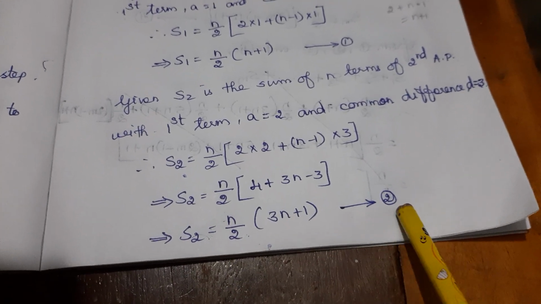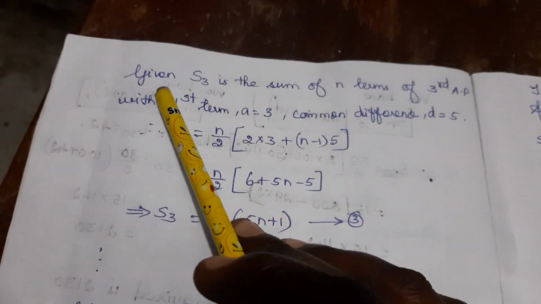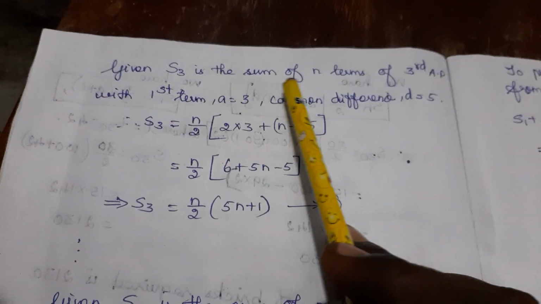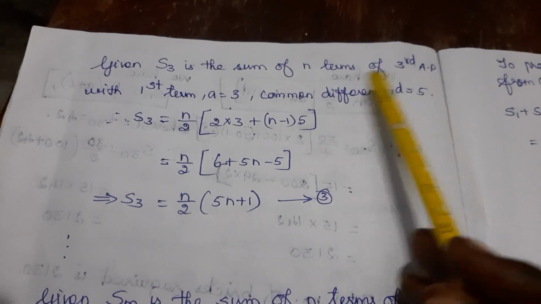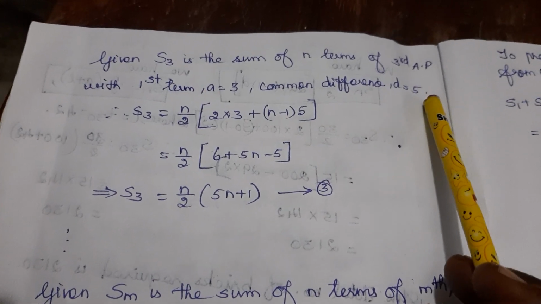Consider this the second equation; S1 is the first equation. Then the third one: they gave S3 as the sum of n terms of the third AP with first term a equal to 3 and common difference d equal to 5.